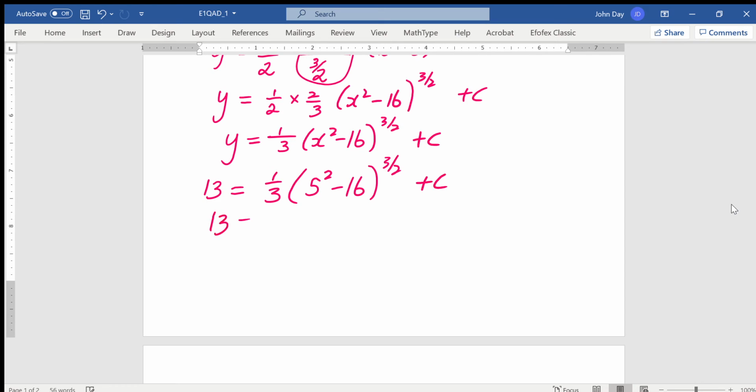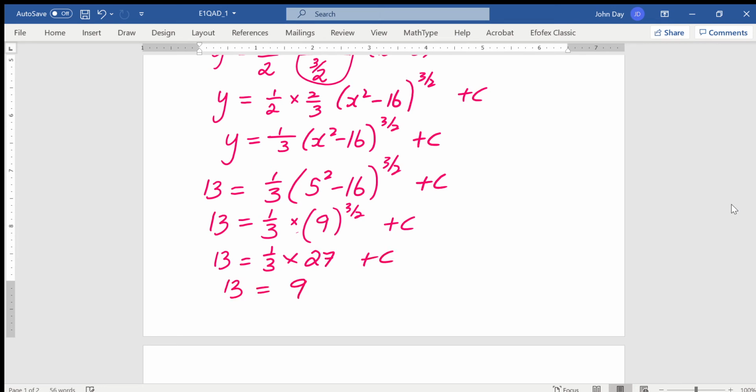So 13 equals 1/3, 25 minus 16 is 9, so 9 to the power of 3 on 2 plus c. You can put that in the calculator, or it's the same as the square root of 9, which is 3, then cubed, is 27. So 13 is 1/3 times 27 plus c. So 13 equals 9 plus c, so c is equal to 4.